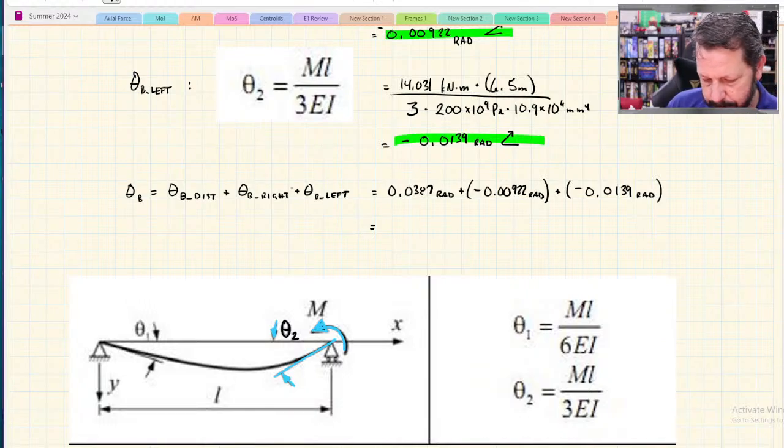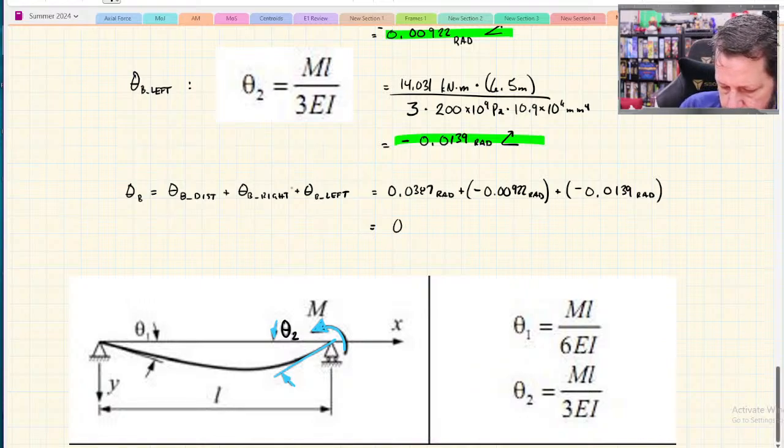We can fix it in WebWork. Let's see. 0.0387 minus 0.00922 minus 0.0139, and yeah, there's our number, 0.01558, and that's a net effect of sloping this way.